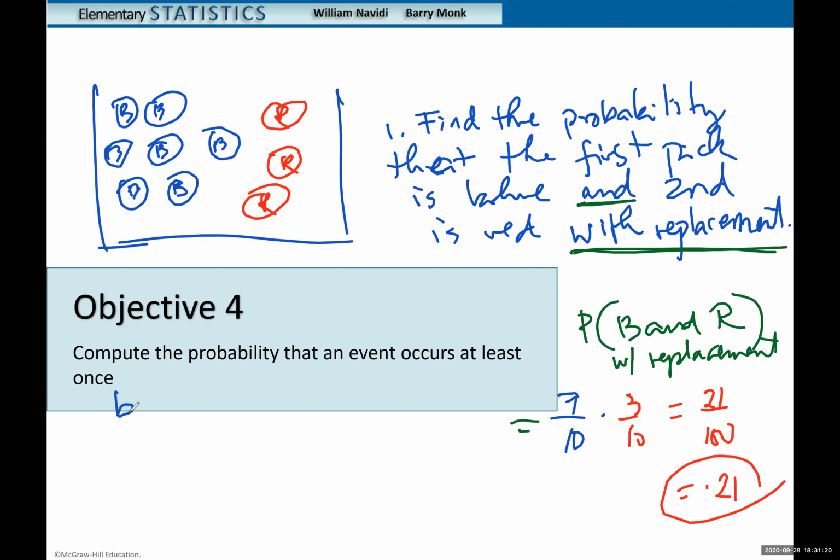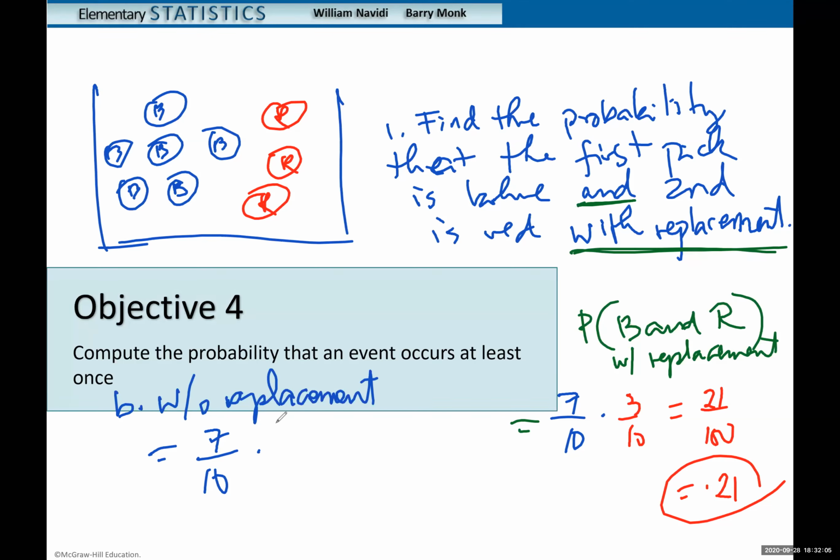Next, letter B. The same, but this time without replacement. So the first one is a blue, so that is still 7 over 10. Do you agree? Fine. Next, without replacement, let's say we remove the first blue marble. Now what is the probability that the second is a red? 3 out of 9. Very good.